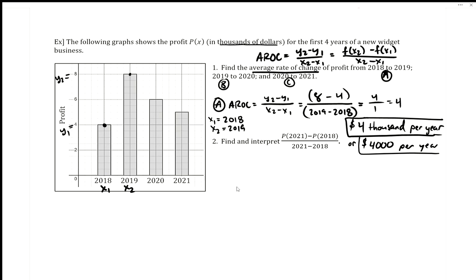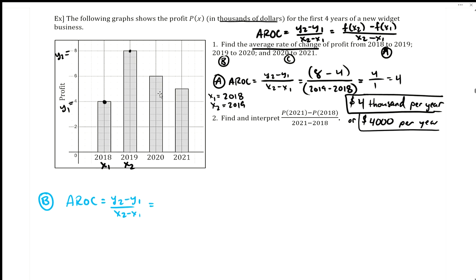The good thing about this is letter B and letter C aren't too much different. Let's look at it down here. I'm going to do them in different colors. Let's do B. Still we're doing the average rate of change, y2 minus y1 over x2 minus x1. But our x2s and x1s and y1s and y2s are different. This time around our x1 is 2019.